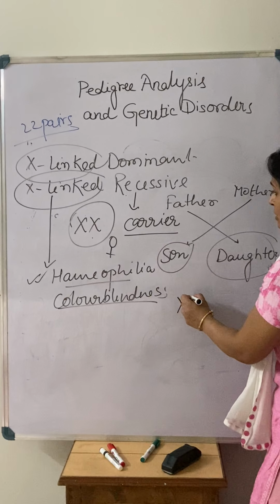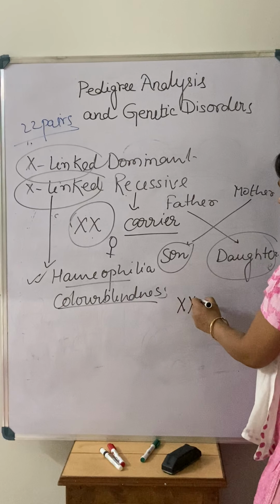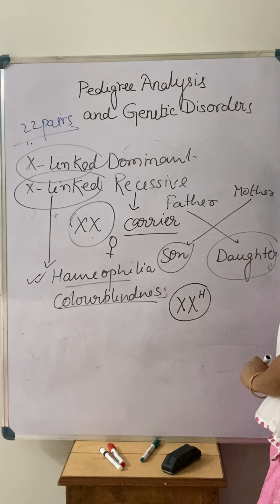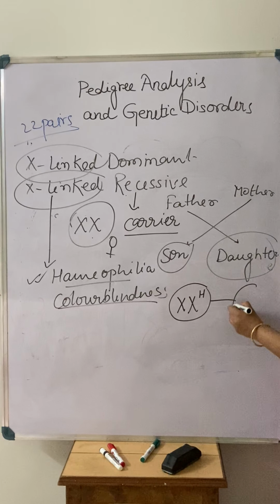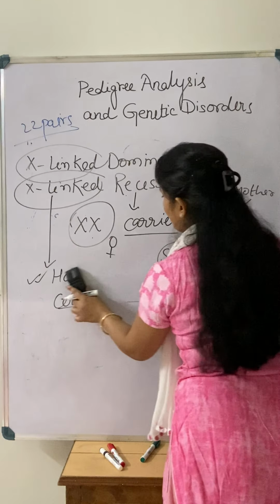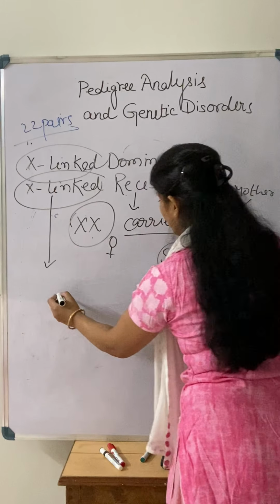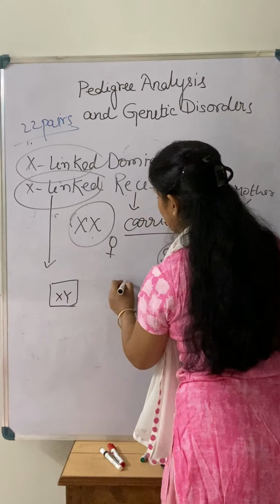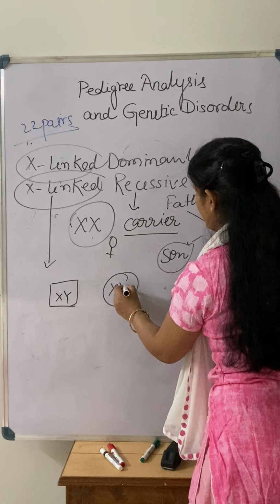So if we talk about hemophilia, I am showing it this way. Mother is the carrier of the disease, right? And father is healthy. This is father. This is mother.